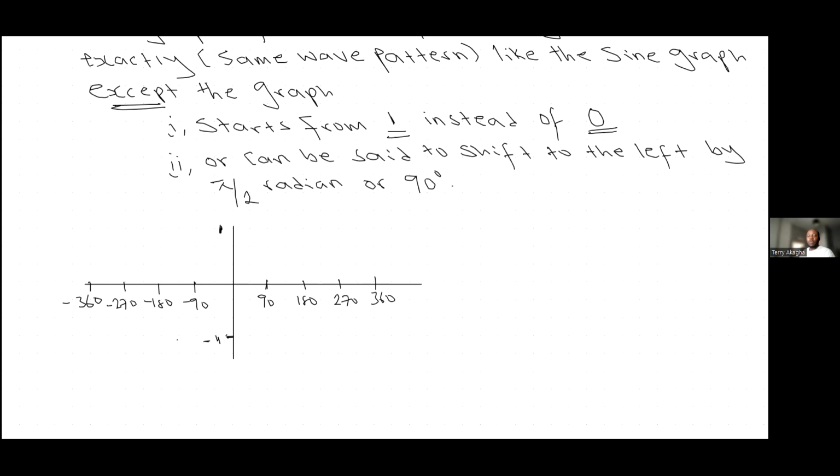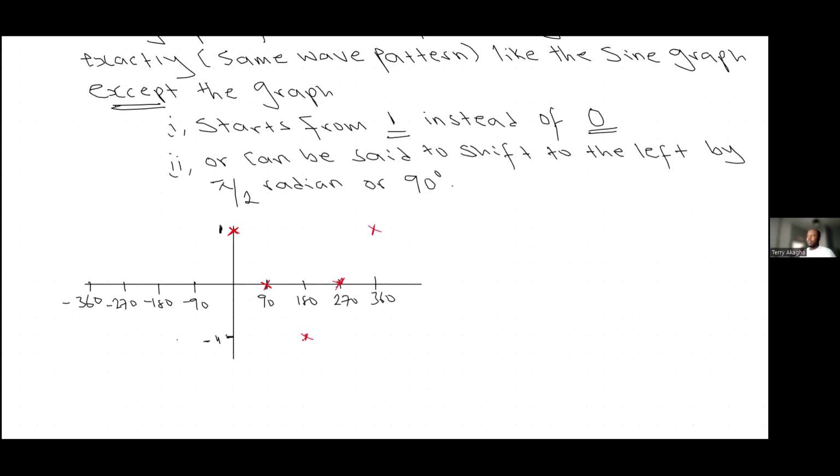So like I said, instead of you starting from 0, you're going to start from 1. So that means the first one you have this one here. Then you keep going. 90 is going to be 0. Then you have 180 is going to be here. Then you have 270, and you have what? 360. The same thing is going to start from 0.